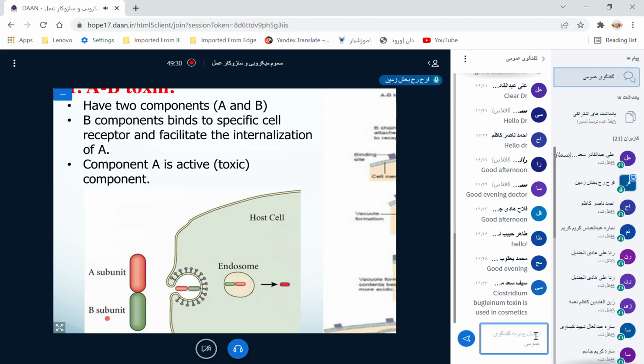It can understand which is the target cell and which is not. So the B subunit finds the way, finds the target, and the complete toxin attaches to the target by the B subunit.